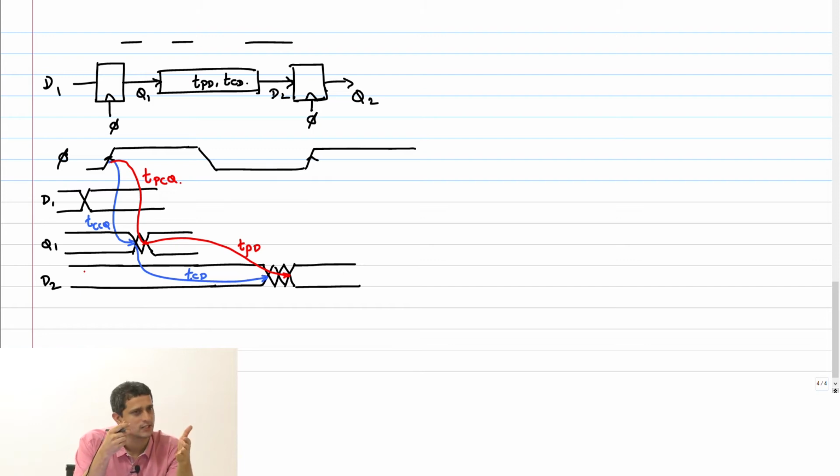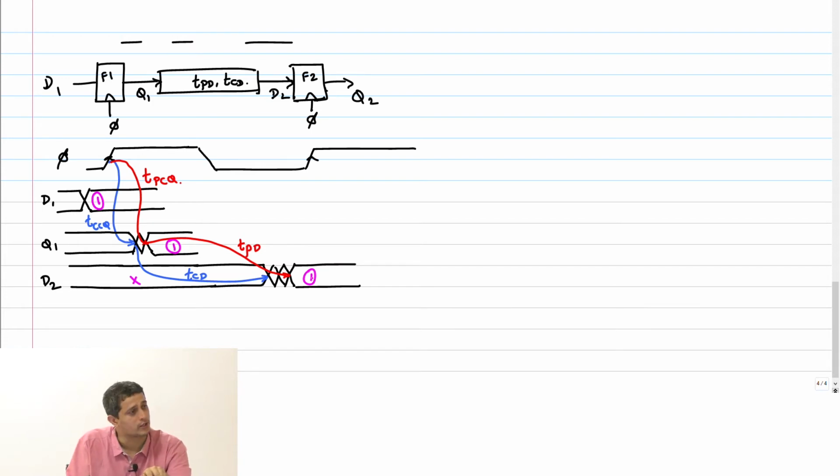That state has changed and that now needs to be captured by the flop F2, okay. Flop F2 has to capture this new state appropriately, right? So, what I'll do is, I'll just put an event here. This event has reflected here and this event eventually reflects here. It is this event that has to be captured, not this one. Okay.